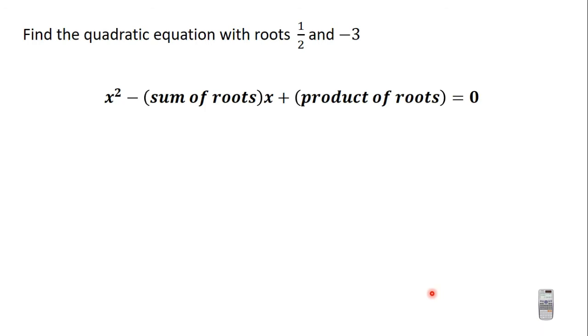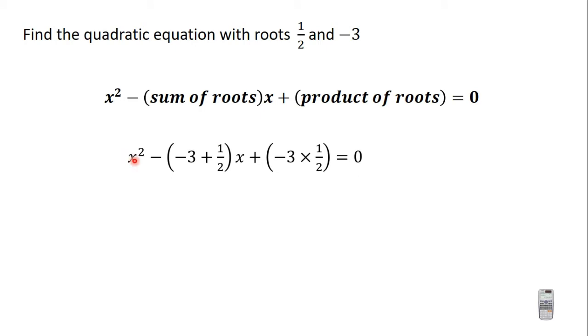Let's move on to the next example. Find the quadratic equation with roots 1 divided by 2 and -3. So the roots are half and -3. The formula is x squared minus sum of roots x plus product of roots is equal to 0.